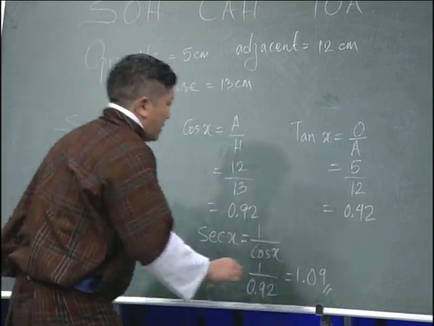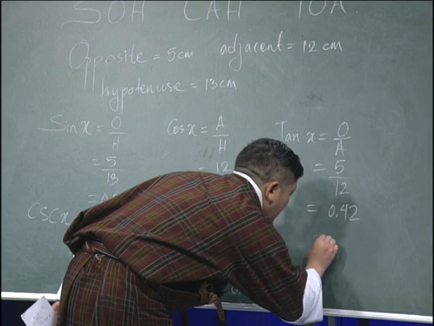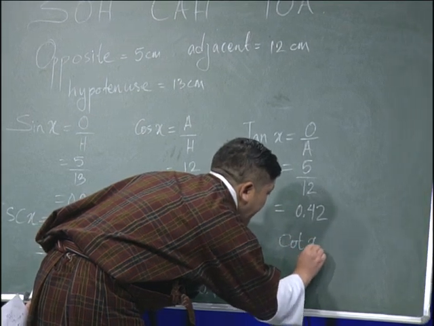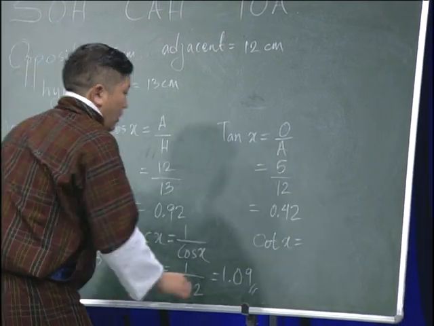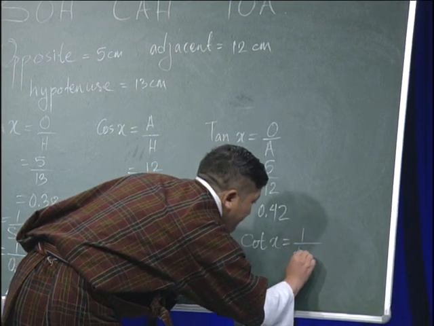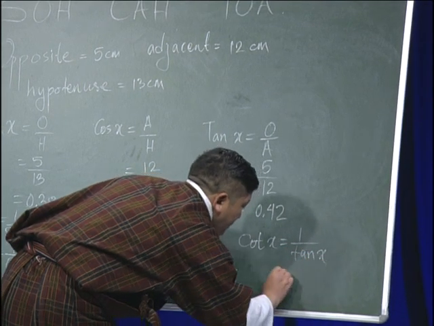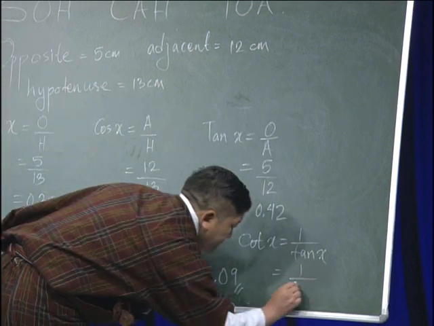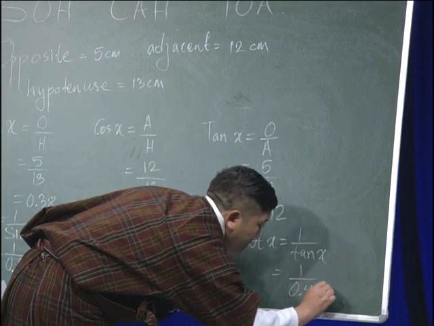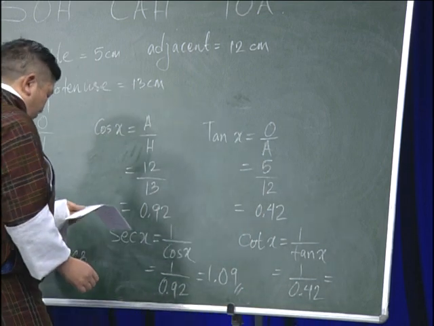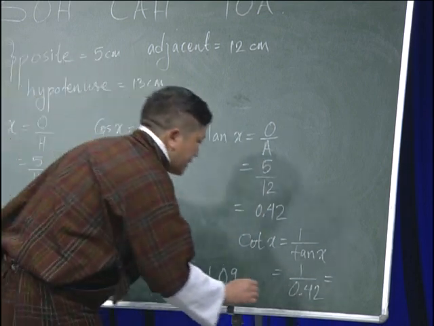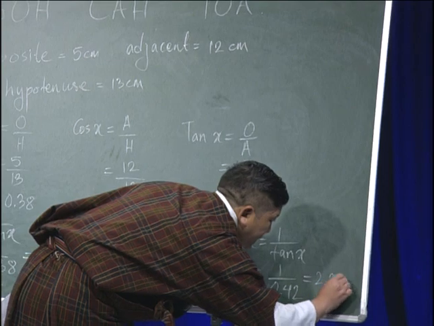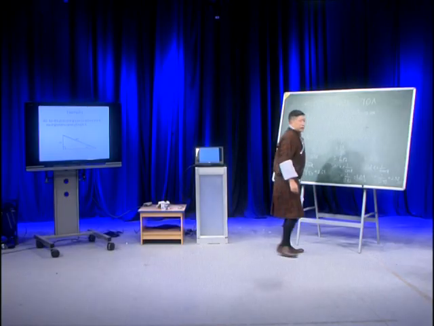Then the last one, that is cot x, is equal to 1 over, the reciprocal of tan x. So what's the value of 1 over tan x? 0.42. If you happen to divide this, you are getting 2.38. So this is how it is.